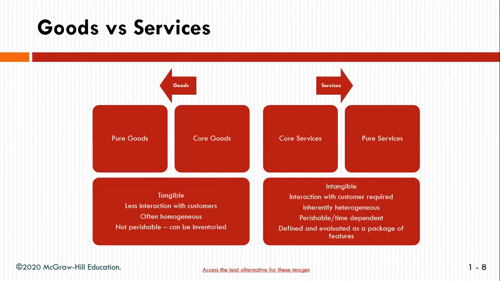It needs less interaction with the customers, and often homogeneous. They're very similar, and if they're not perishables, can be put in a warehouse. On the other hand, on the extreme part of it, you have the intangible, which is services like universities, doctors, lawyers.